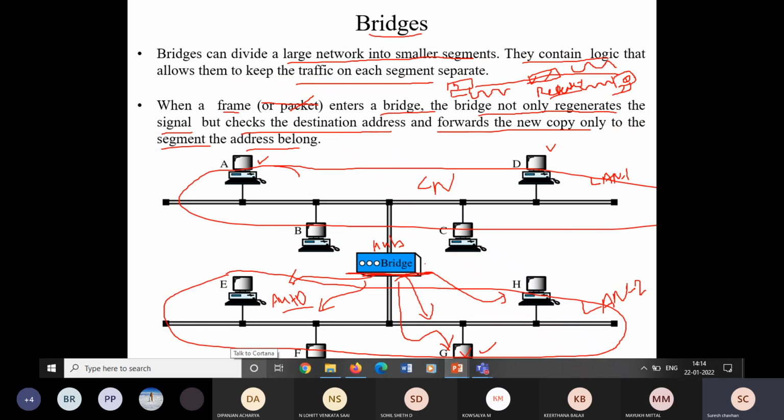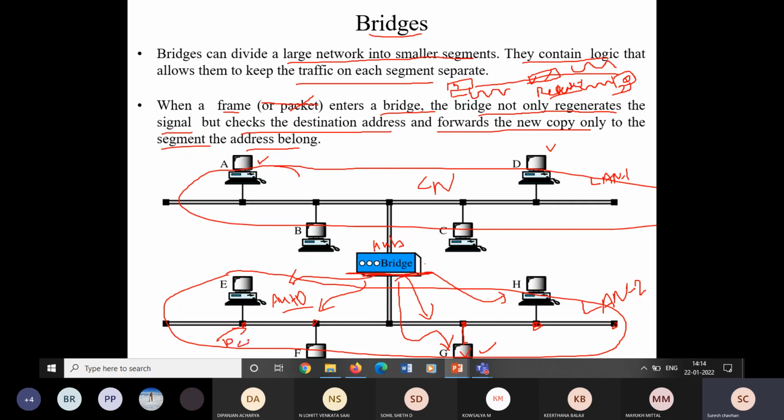In this image here, this is one port, and this is another port, and this is another. So these are the ports.